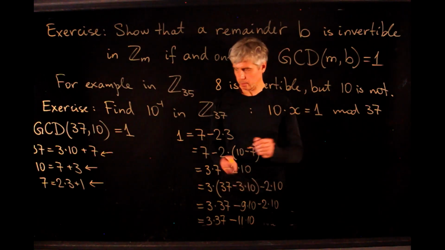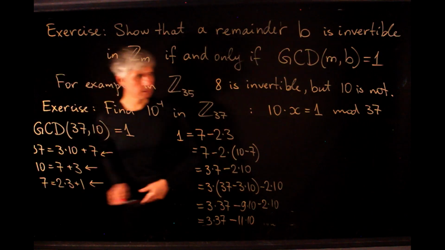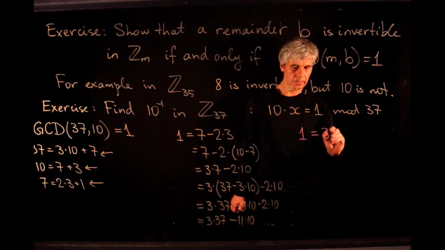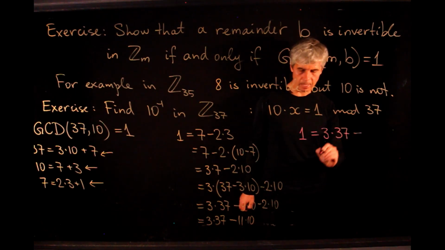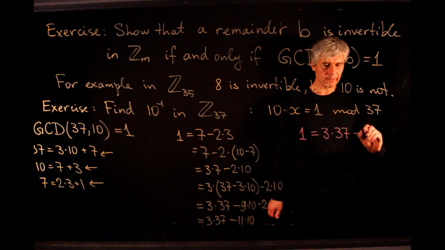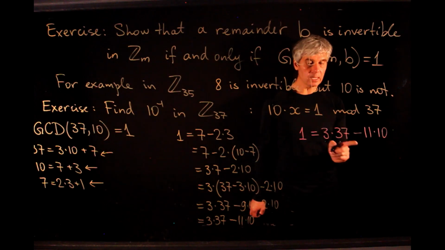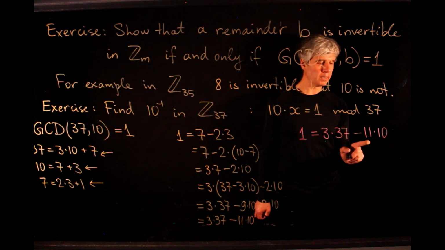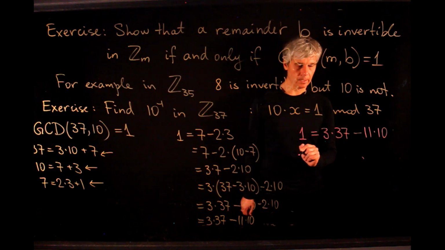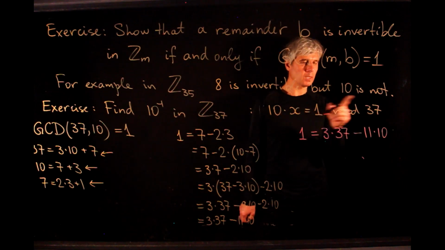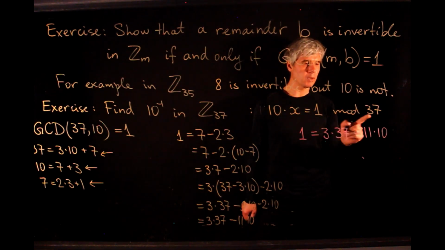So we get the following equality. So now we got that 1 is equal to 3 times 37 minus 11 times 10. So this is an equality in integers. So this is 111 minus 110 is equal to 1. So we need the equality of remainders. So now we take the remainder of both sides after division by 37.